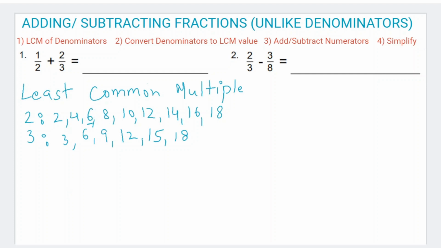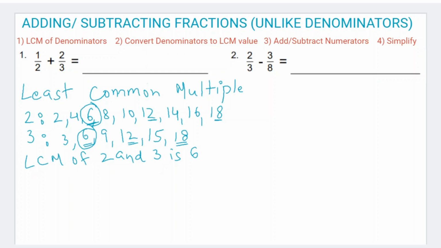I can see there are some common multiples, 6 and 6, 12 and 12, 18 and 18, and the least or the smallest common multiple is 6. So that means the LCM of 2 and 3 is 6. Now I need to convert my denominators to the LCM value.